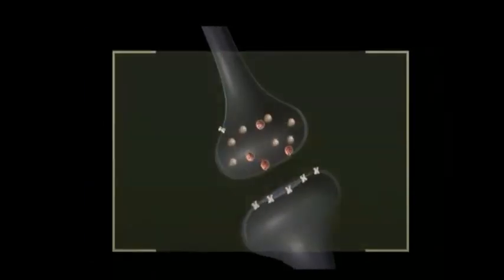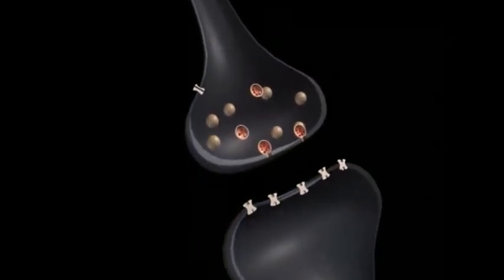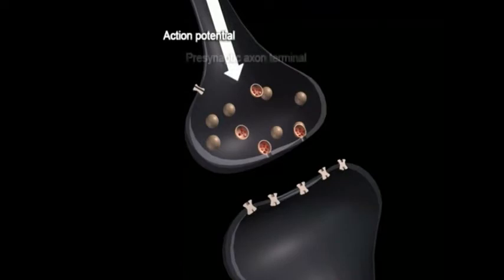So if we look at our synapse again, what we're going to see is our action potential is coming down the axon and then into the axon terminal. And at the axonal ending here, this action potential, which again is electrical charge, causes a particular thing to happen. It causes the presynaptic membrane, the terminal ending, to open up channels that allow calcium influx.